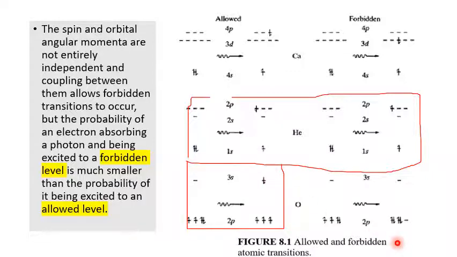And here is the forbidden transition, and you can see how it is forbidden. This is the ground state electronic configuration of the oxygen atom, and when a photon is absorbed, these electrons will be paired up.